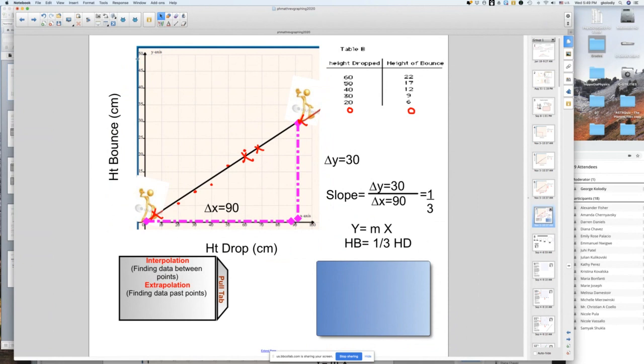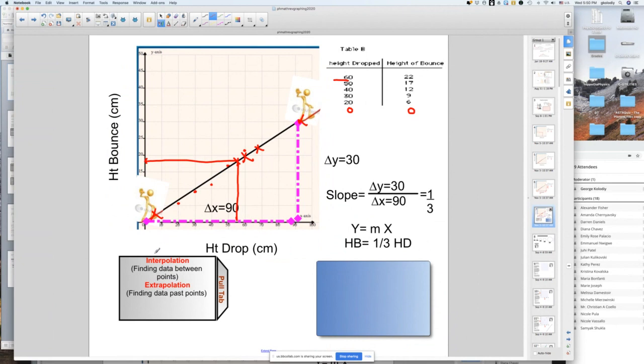Now, if you wanted to find out, for example, we never dropped it from 55. But from the graph, you can figure out what the bounce would be if you did drop it from 55. Right over here, it would have been about 16.